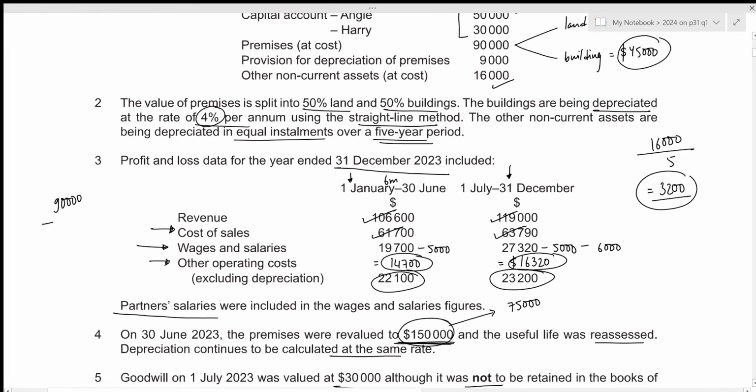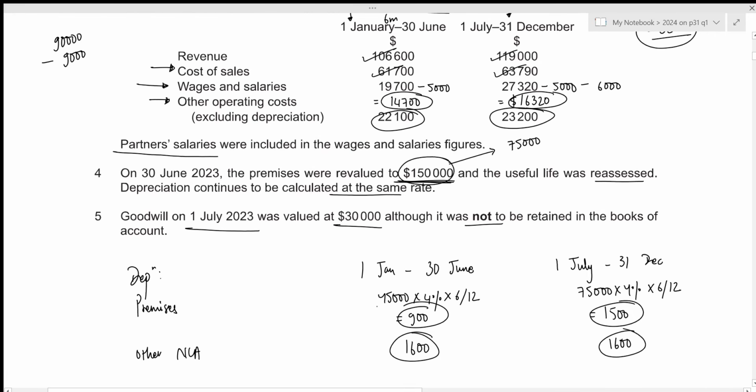So, accumulated depreciation at the opening date was 9,000. And for the first half of this year, we still use the previous policy. So, it means that we need to include that as part of our accumulated depreciation, because after this period only, there was made changes to the partnership agreement. So, the net book value that we require in this case will be 90,000 minus 9,000 minus 900. Which results in 80,100.